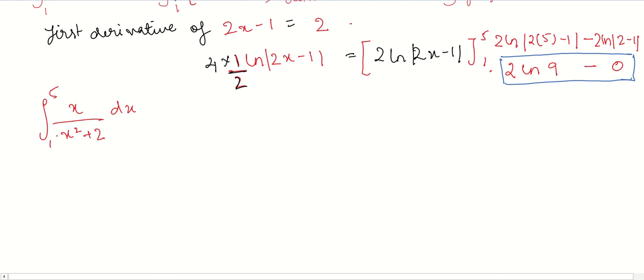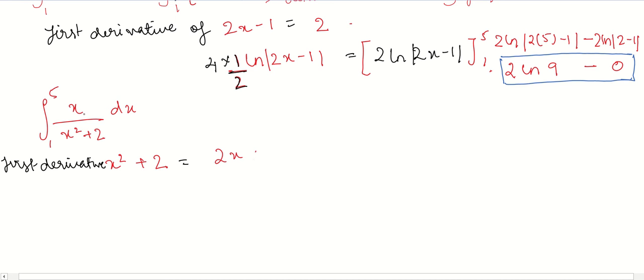Now again, we have the denominator x squared plus 2. The first derivative of x squared plus 2 will be equal to 2x.